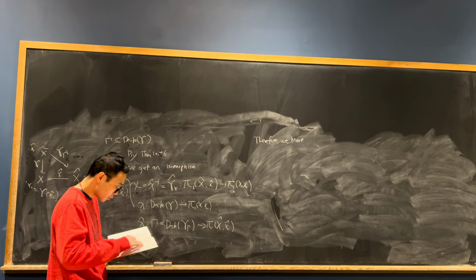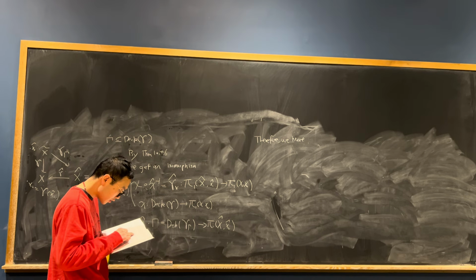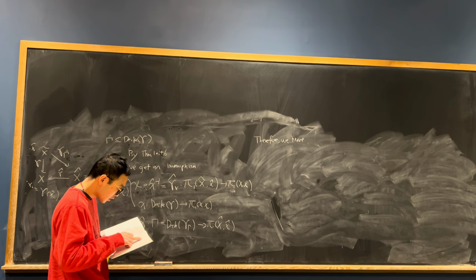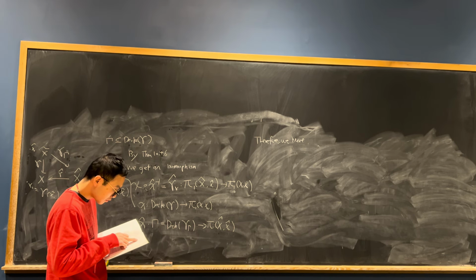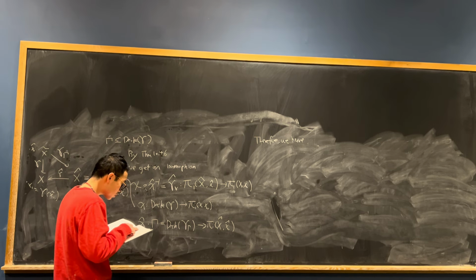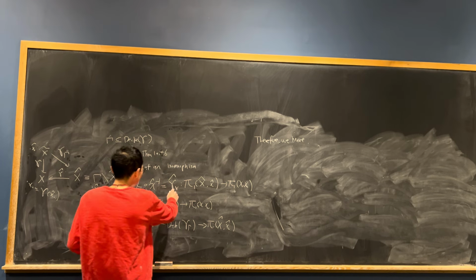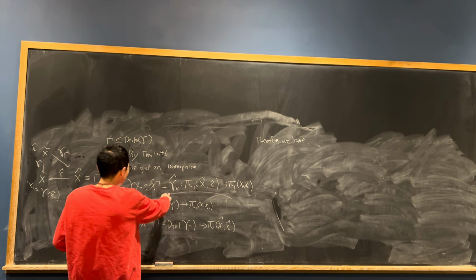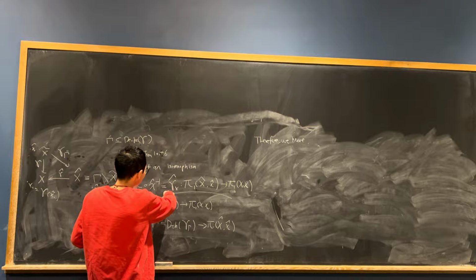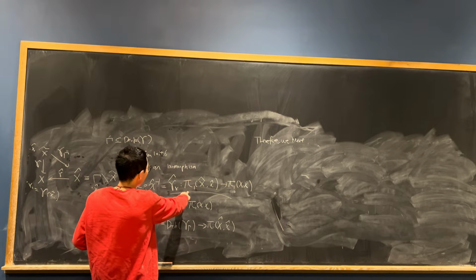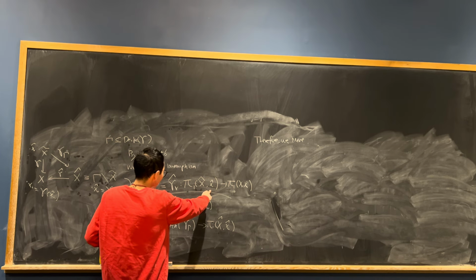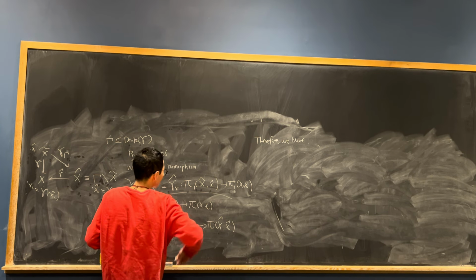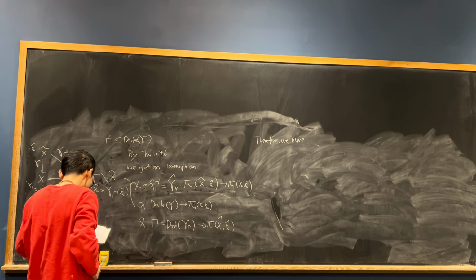Okay, so we want to show exactly the same thing, right? So we want to show that this gamma hat push forward from pi 1 of x hat, base point x naught hat, to this pi 1 of x naught is an isomorphism.